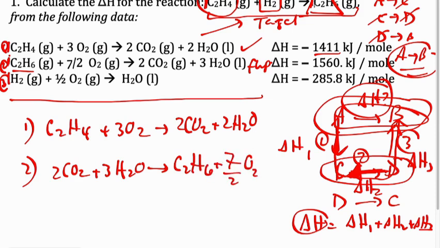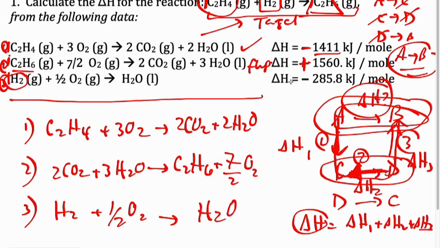Now, very important for you to remember that because I flipped this, the enthalpy change now becomes positive. We did not change this one, so that still stays negative. And the last one, because the hydrogen is in the correct spot, it's a reactant, and there's only 1 mole, I'm not going to touch that either. So that enthalpy change remains the way it is.